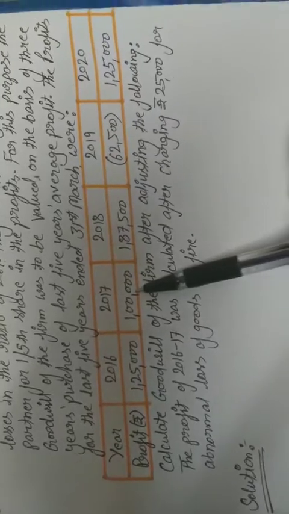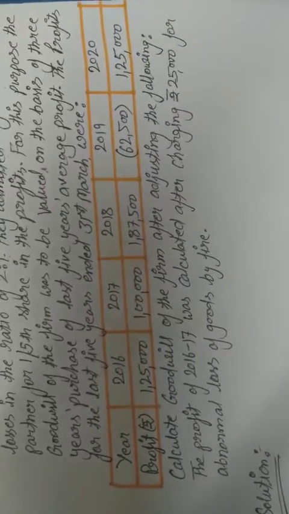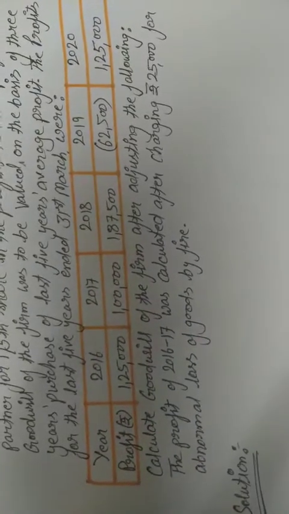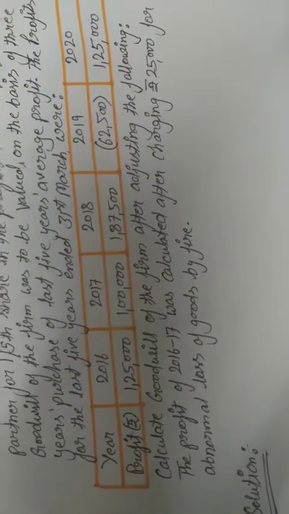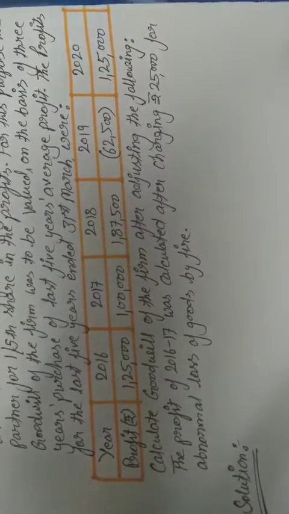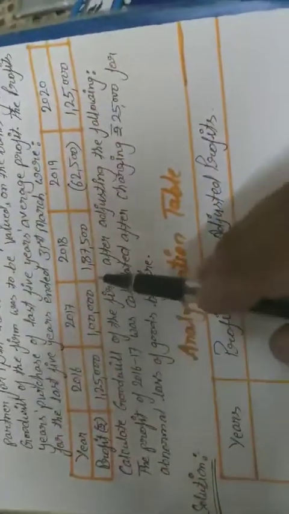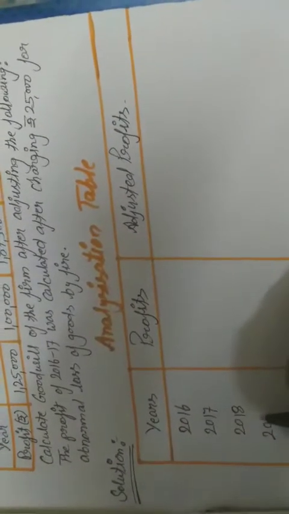Okay, so how can we treat? Now I am preparing the format under which I will write all the things, so that you can understand easily. I prepared 3 columns: years, profit and adjusted profits. So the years are 2016, 2017, 2018, 2019 and 2020.